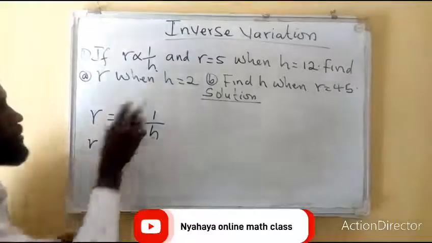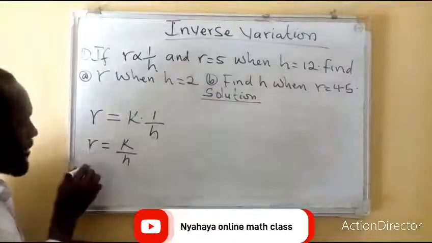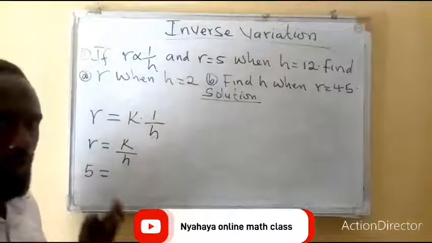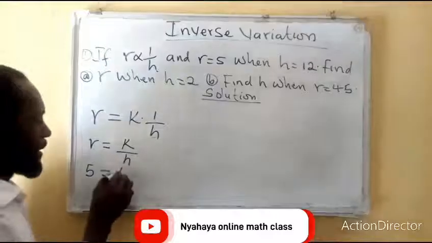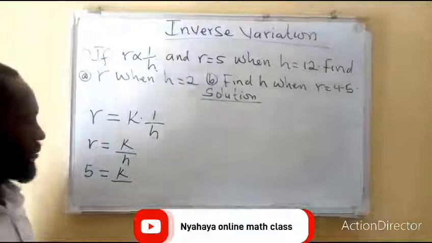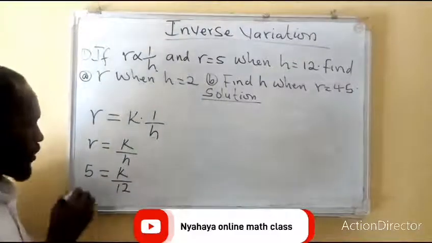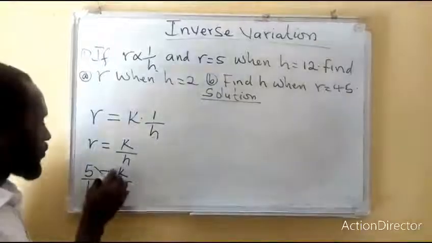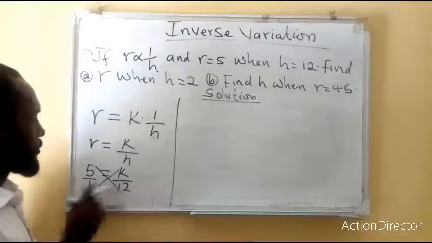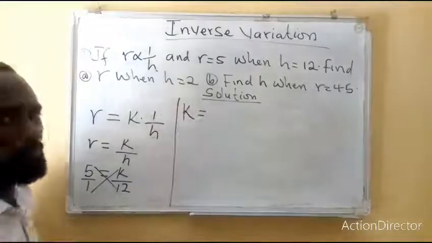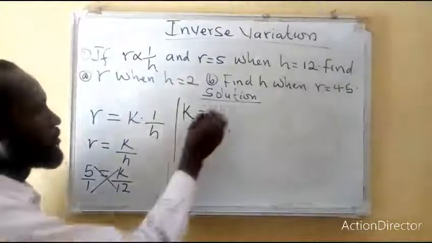So remove R and put 5 equal to K over H. This K is a constant, we are going to find the value of K. Our H is now 12, so we put 12. We put over 1 because we are going to cross multiply. So 1 times K gives us K equal to 5 times 12.